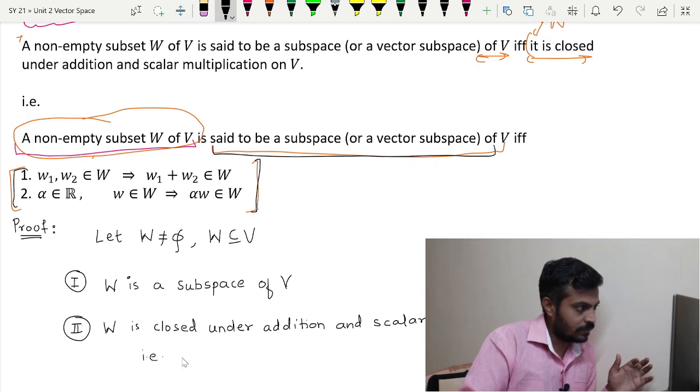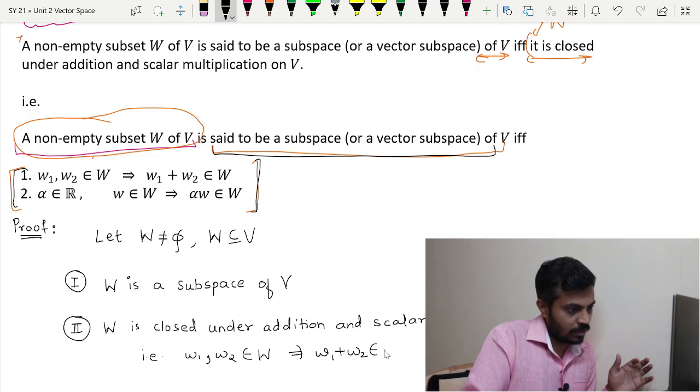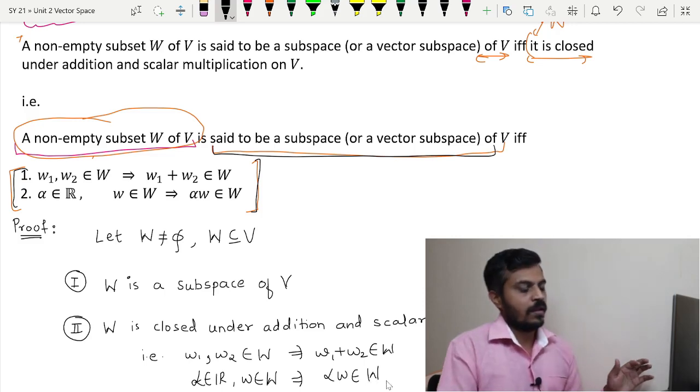That is nothing but take arbitrary elements of W and show that w1 plus w2 lies in W, and second one is take alpha from R, w from W, and show that this alpha w belongs to W.